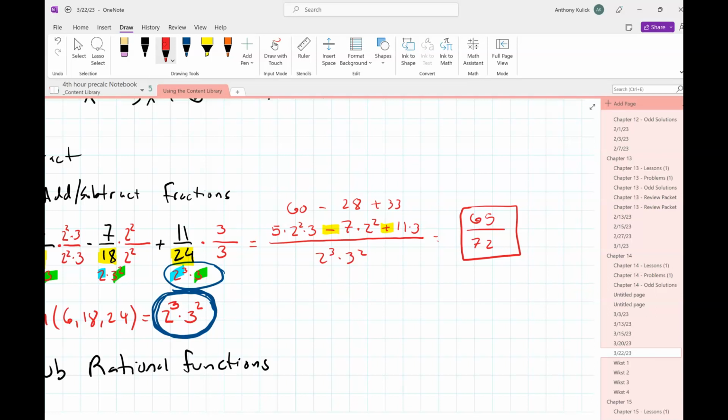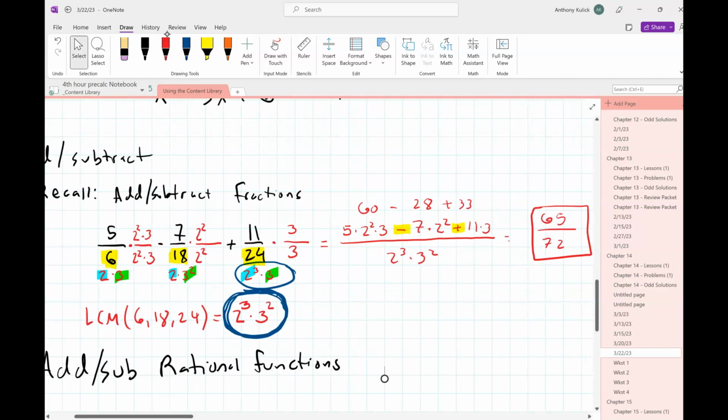And I should check to see if I can reduce that, right? 65 is 5 times 13. The denominator doesn't have any factors of 5 or 13, so I know that's as good as I can do. Okay.